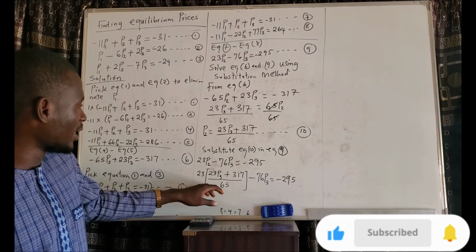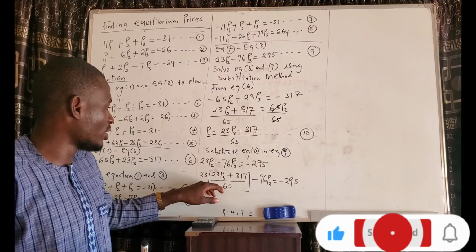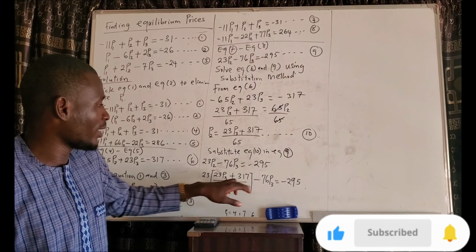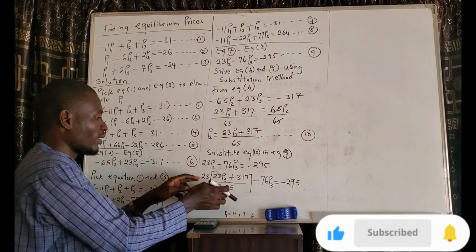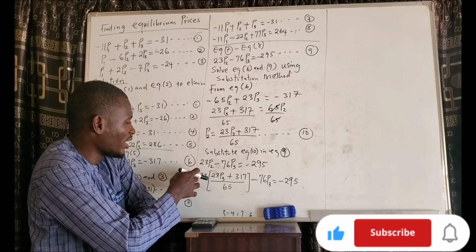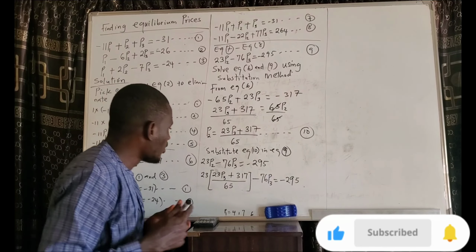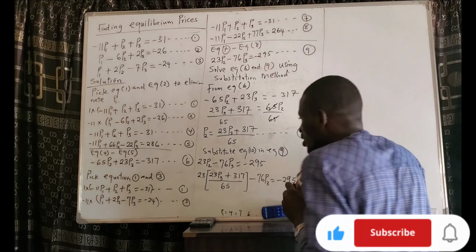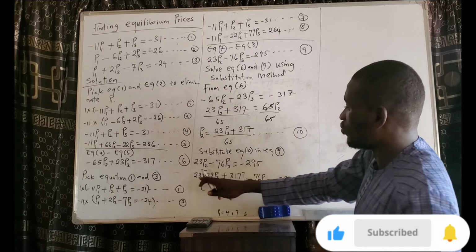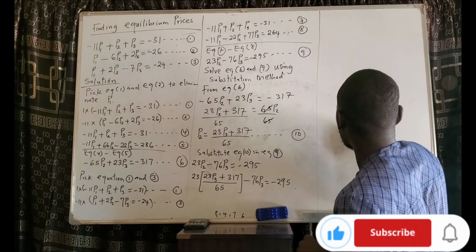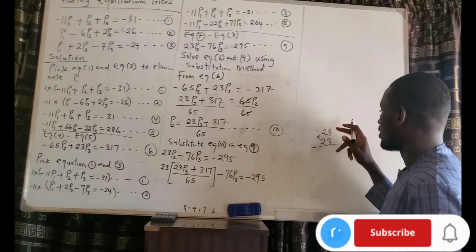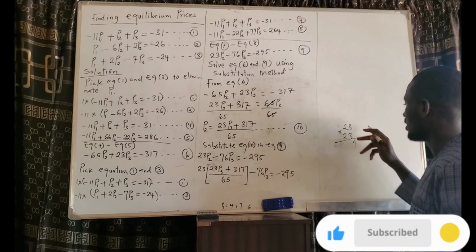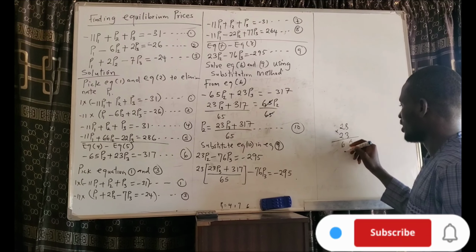So we are going to clear the fraction by clearing the denominator here. We multiply here by 65, here by 65, and here by 65. 65 will cancel itself. So now we have 23 times 23. 3 times 3 is 9. 3 times 2 is 6.